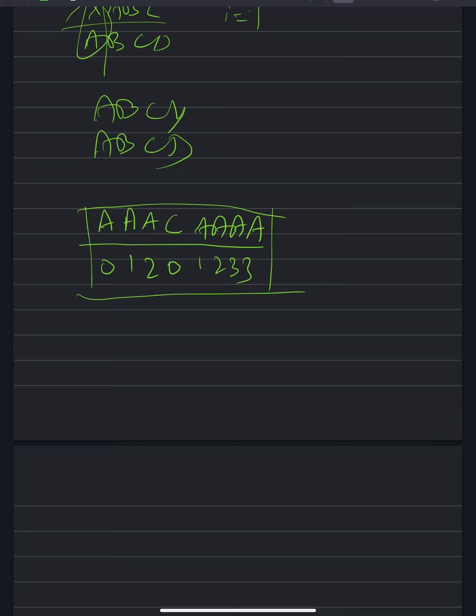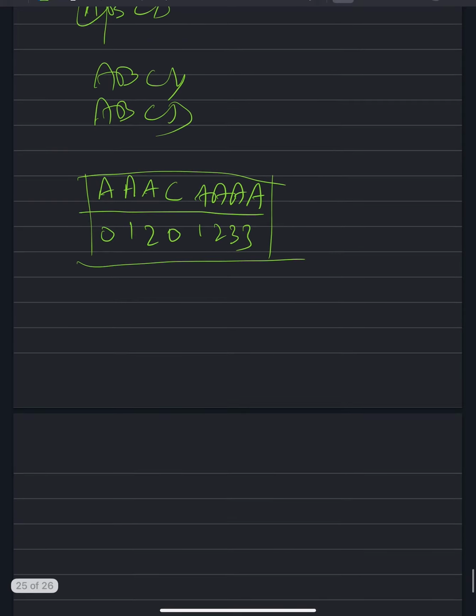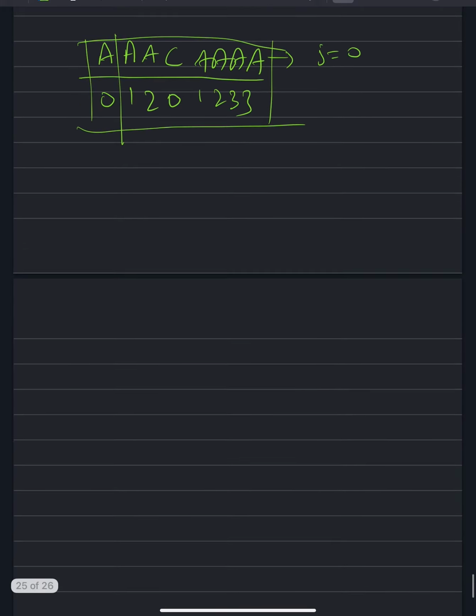But how are we getting that? Let's look into that. We will start from j equal to 0. As we know, for the first element, j equal to 0, it will be 0 only. Let's write some pseudocode.